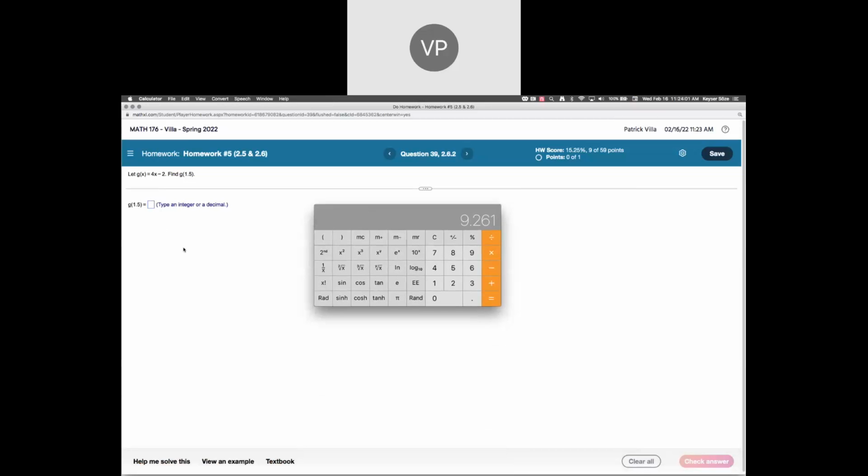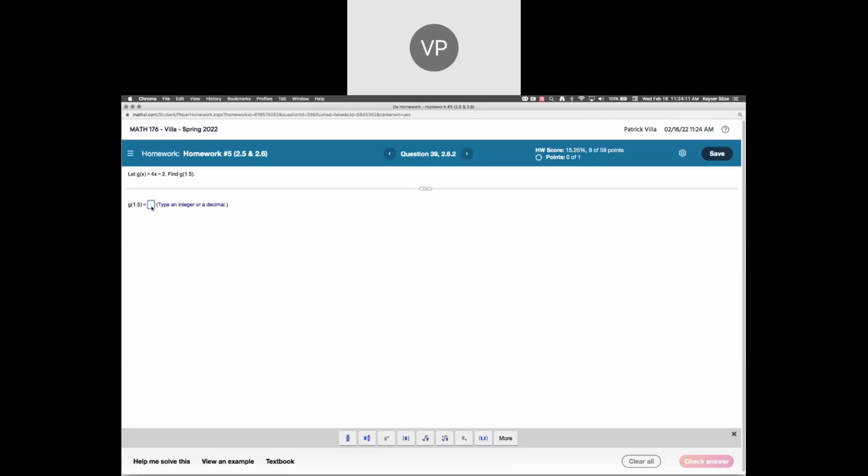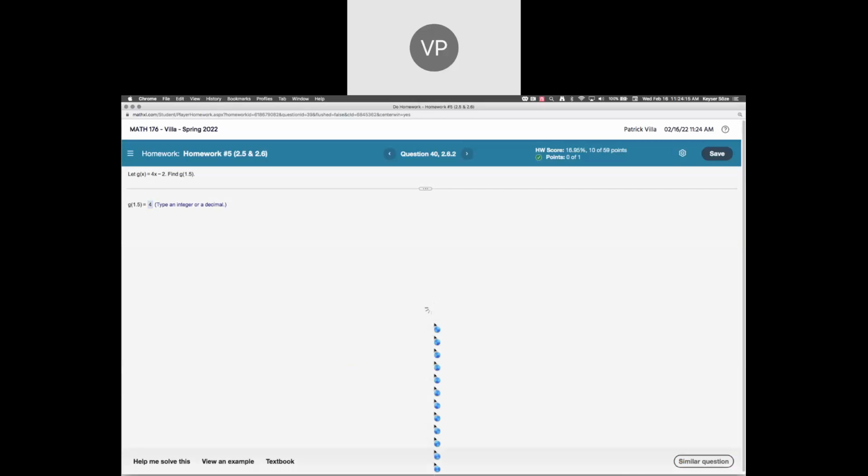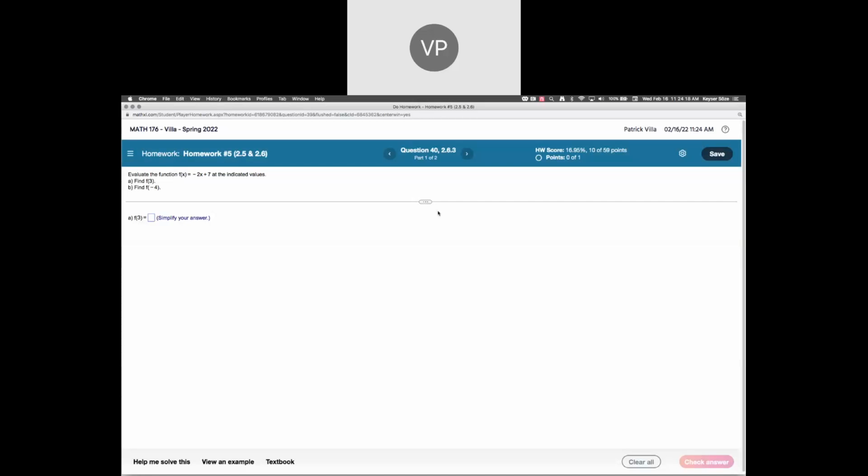So I take 4 times 1.5, and I get a 6, minus 2 from that, and I'm getting a 4. That's all they want you to find there. Some of these, like I said, are softballs in the beginning, just to get you reacquainted with everything that you've done before. Now we get to the ones that matter a little bit more.